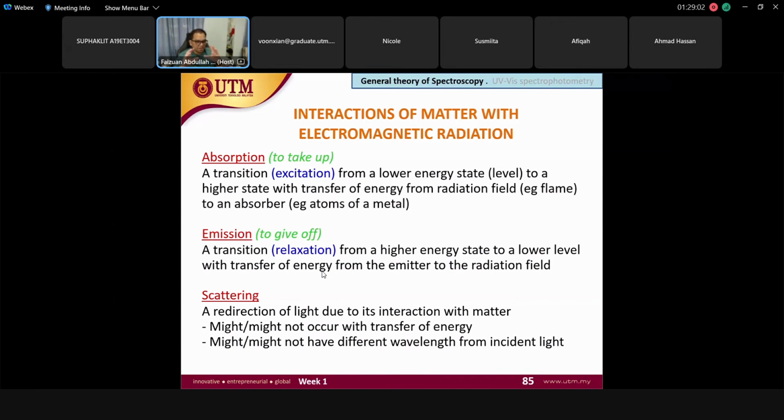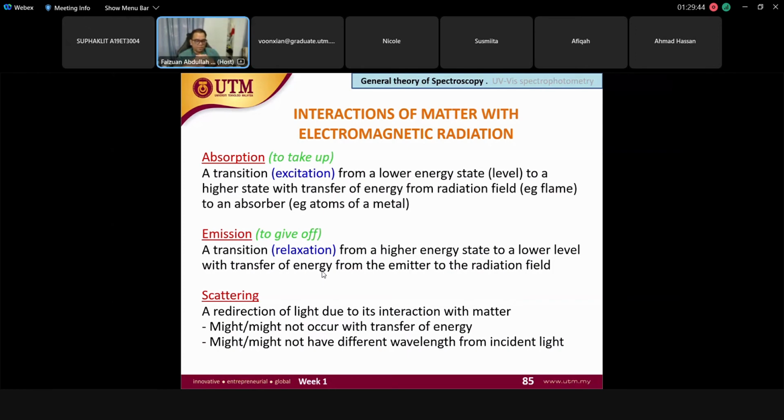So when lead atoms are introduced to this packet of energy, they will absorb the energy. When I mention energy, it is also similar to the light or particles that we have said previously. The electromagnetic radiation we consider as a particle. When we supply a similar particle that can be absorbed by lead, only lead in the sample can absorb the packet of energy.